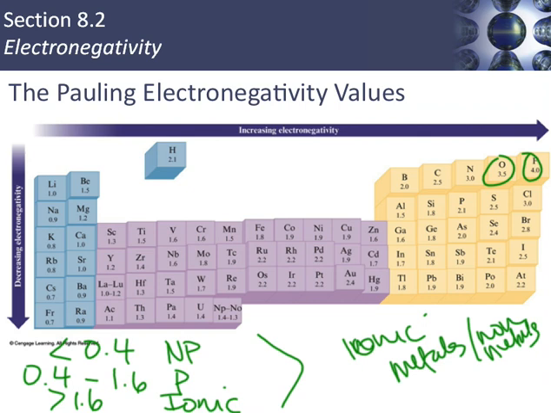Nonmetals together will rarely make an ionic bond. This is why I don't like it, because in some cases, things that we know aren't ionic are showing up with a difference of electronegativity of 1.6, and you're like, why isn't that an ionic compound? It doesn't always work. So just know the further apart you are, the bigger the difference, the more polar or more ionic you are.